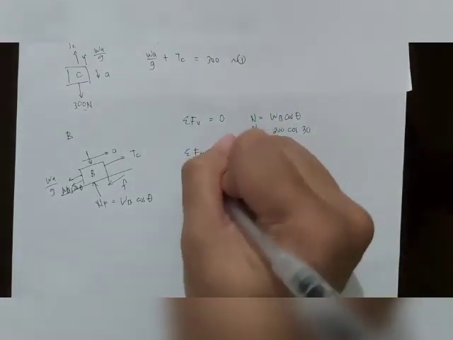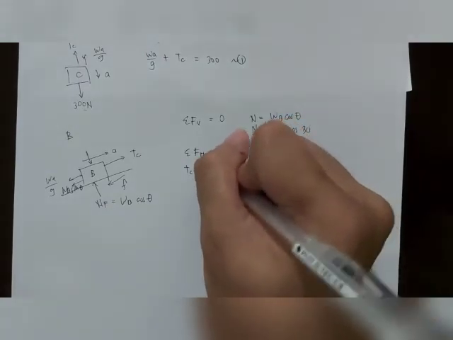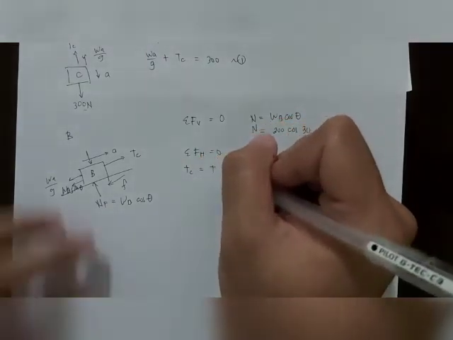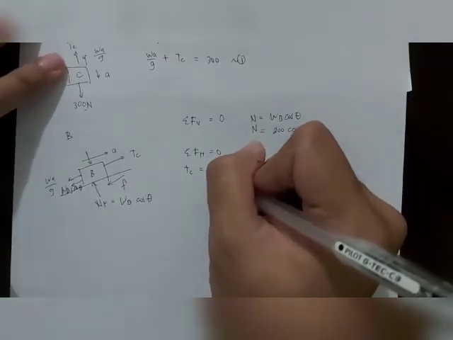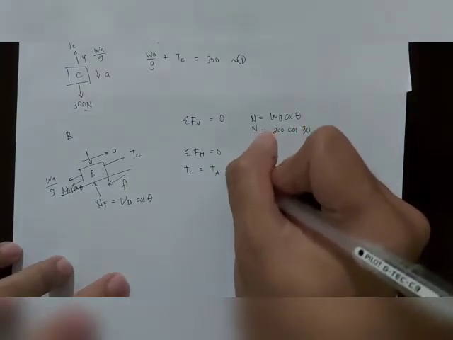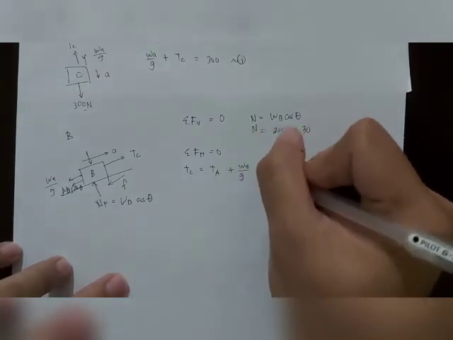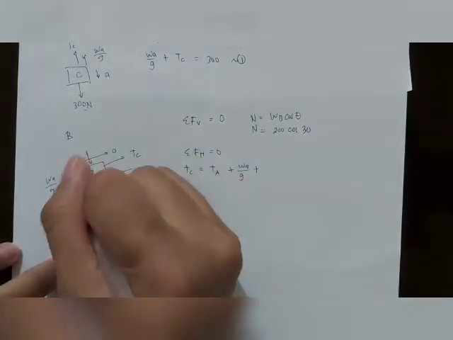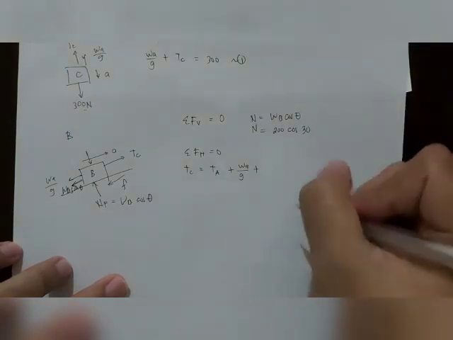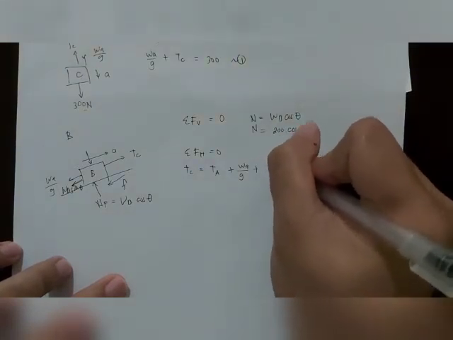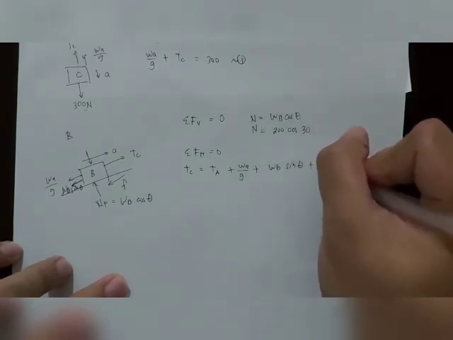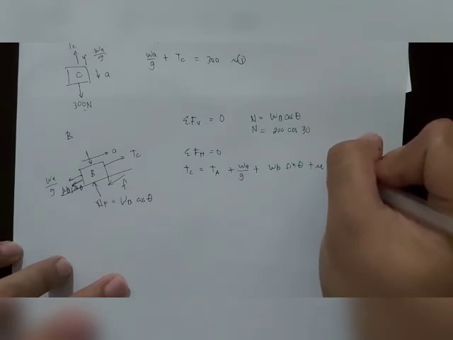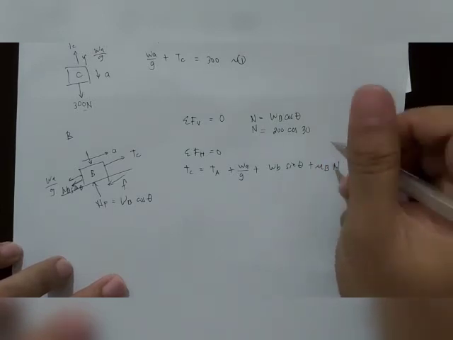So T sub C is equal to T sub A plus W_A over g. So T sub A is here too. Okay, tension A for A. Plus we have W of B sine theta plus friction, mu sub B times the normal force.